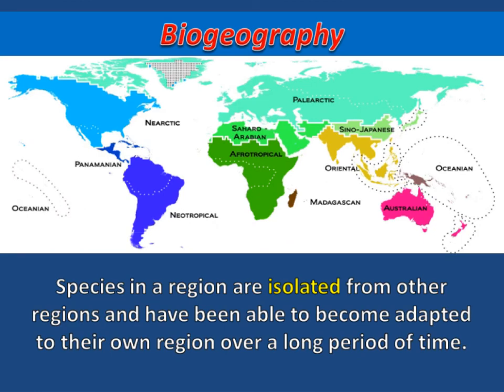In these zoogeographic regions, in these different colors here, species in a region are isolated from one another. They are separated from one another, okay? And they have been able to become adapted to their own region over a long period of time. A really good example is kangaroos. Where are lots of kangaroos found?